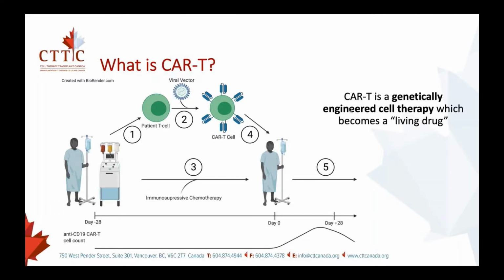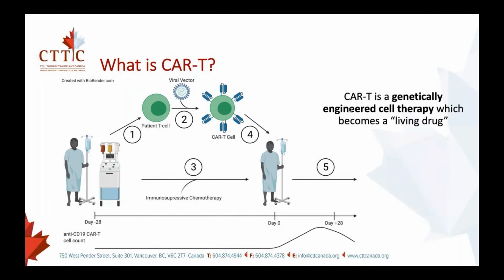And so how this works is we first of all collect T cells from a patient, as you see there on the left. Those cells are then taken over to the lab where this gene, this CAR, is inserted into these T cells, typically using some sort of a vector like a virus that has been inactivated, which means that it's not able to really replicate more than once.